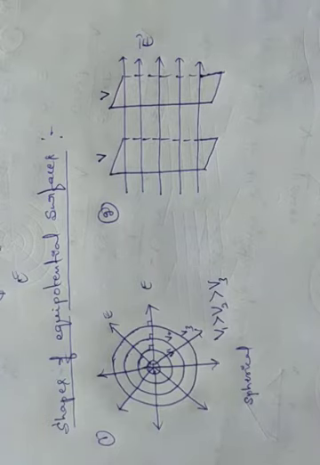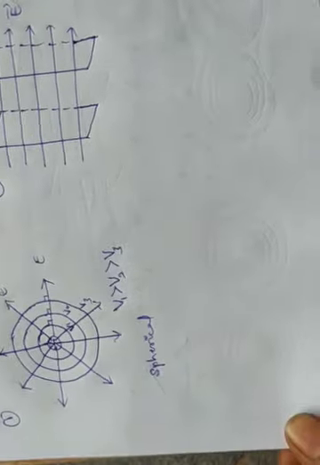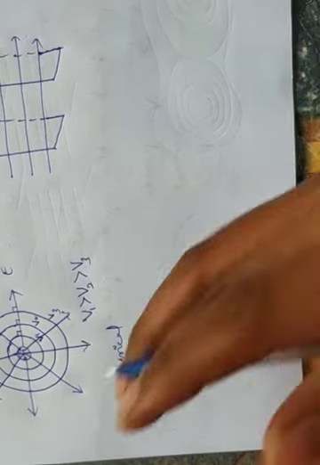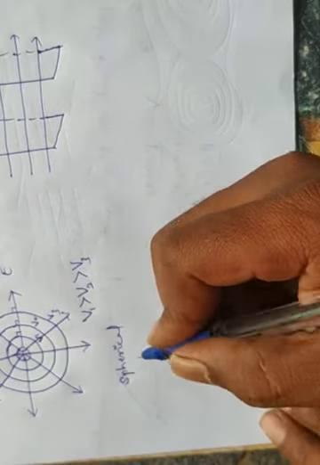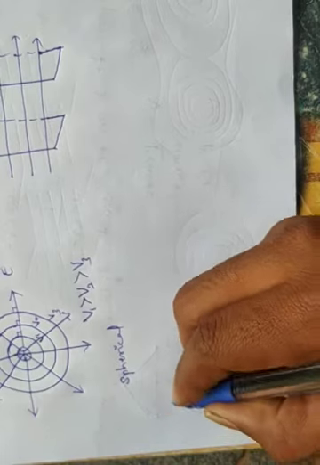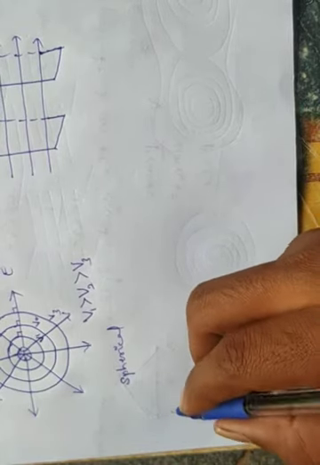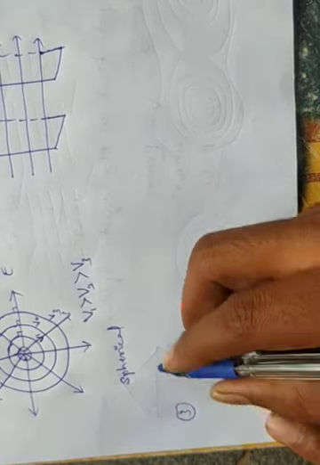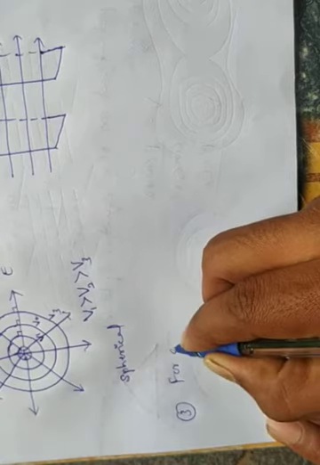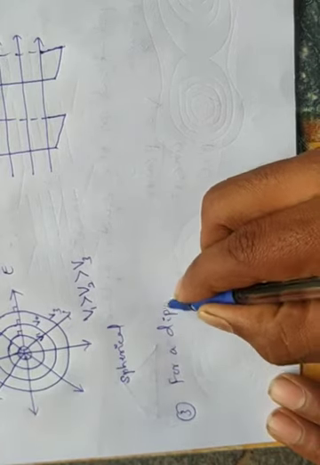In the same way, suppose I take a dipole, an electric dipole. We know that an electric dipole has two charges, one positive and another negative.